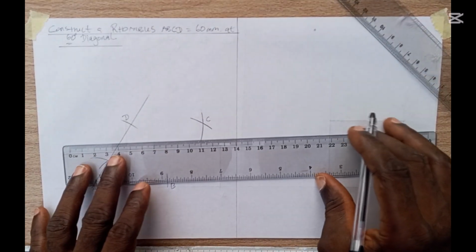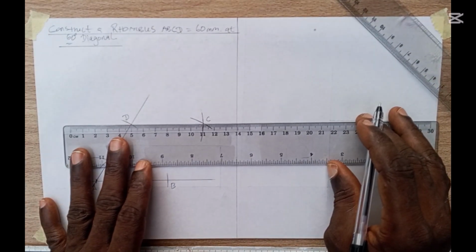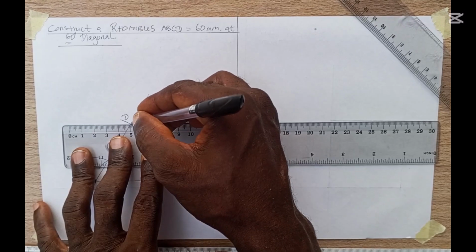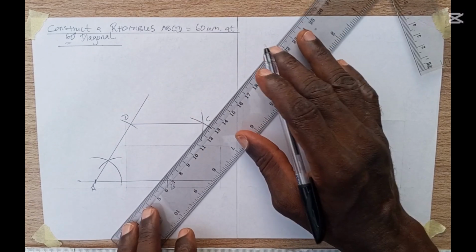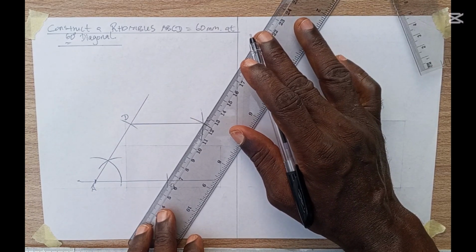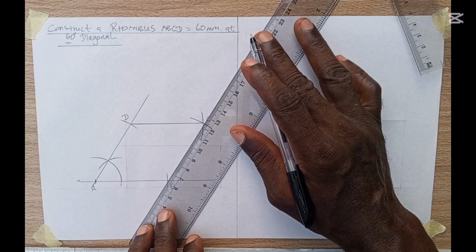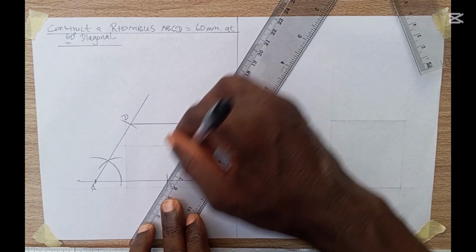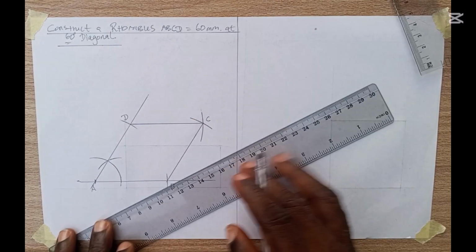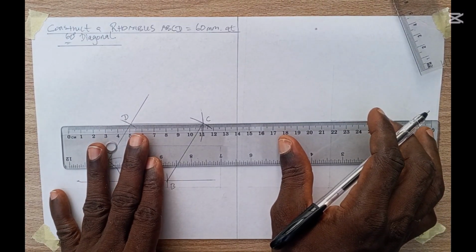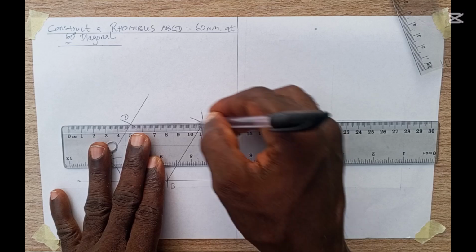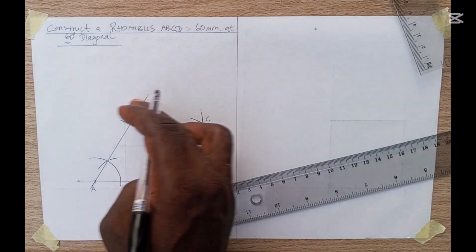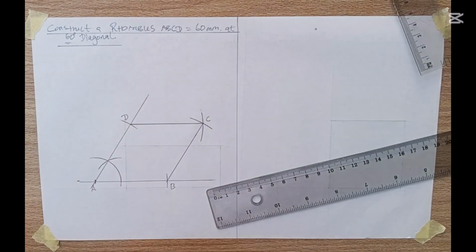I join my C to D neatly, and join my B to C neatly. Good. This is it. So if you have that very HB pencil, it can thicken it neatly for you, you bring out all the outline. So A, B, C, D gives us the what? Gives us the rhombus.